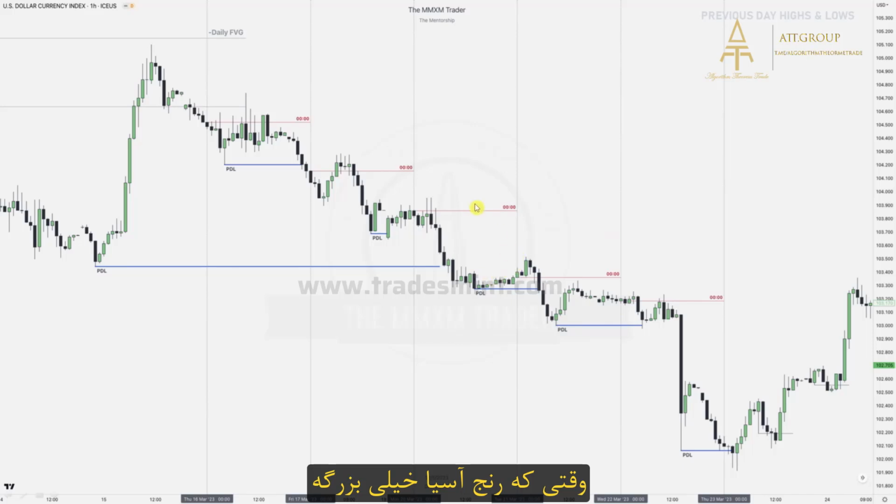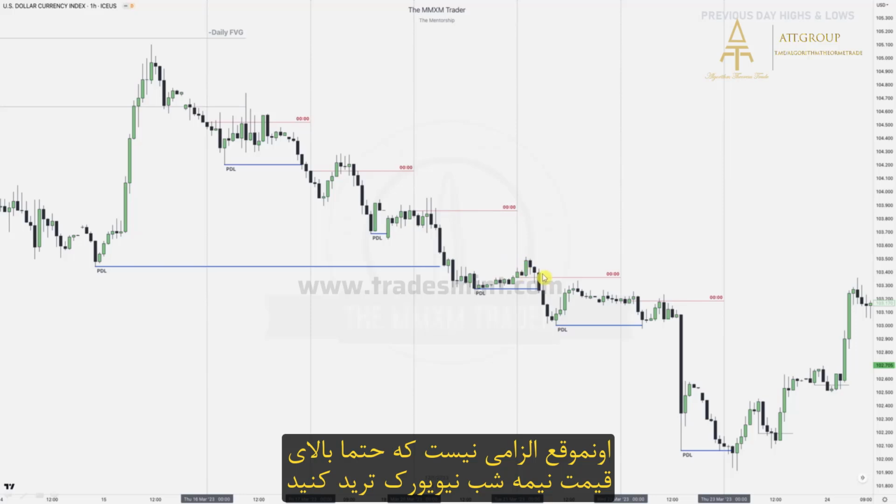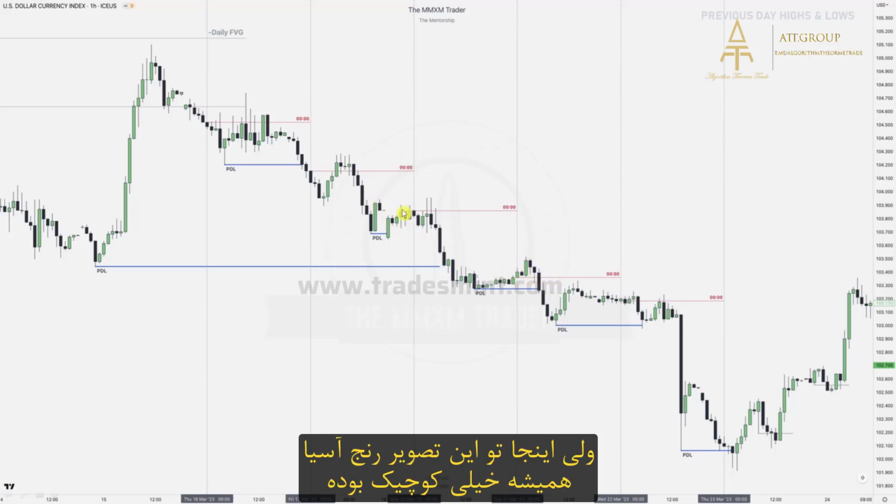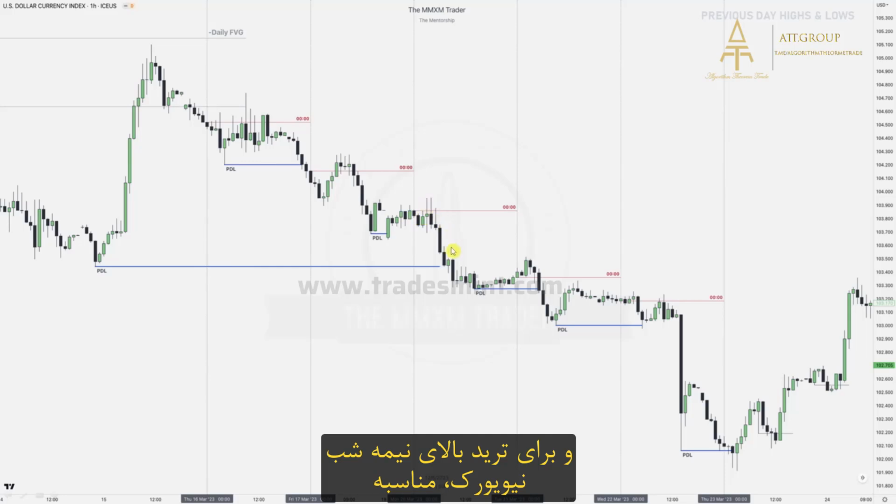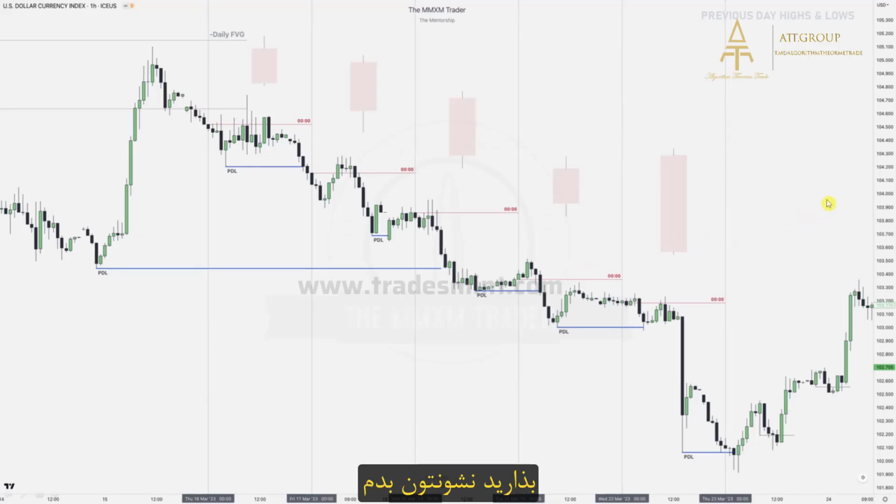I would say when Asia range is very large, then you don't necessarily have to trade above New York midnight price. But over here, Asia range is every time quite small, and ideal to trade above New York midnight price. So how do the daily candles look if we utilize this?